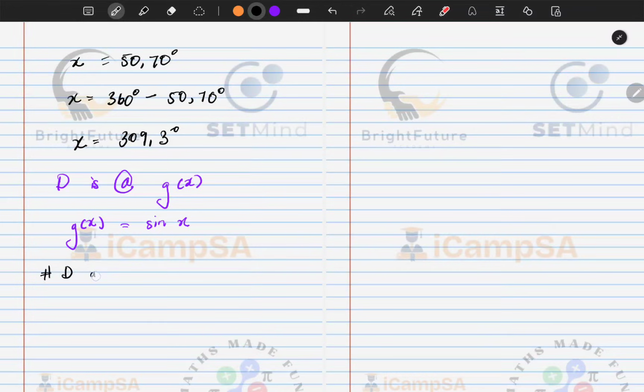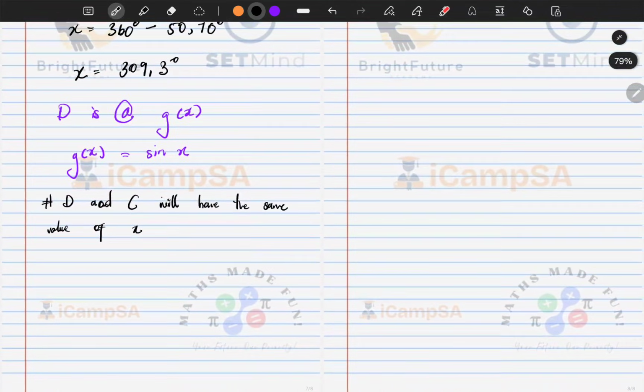So D and C will definitely have the same value of x, right? Because they are along the same x-axis, right?